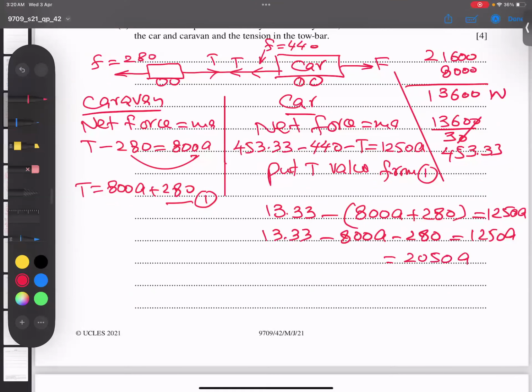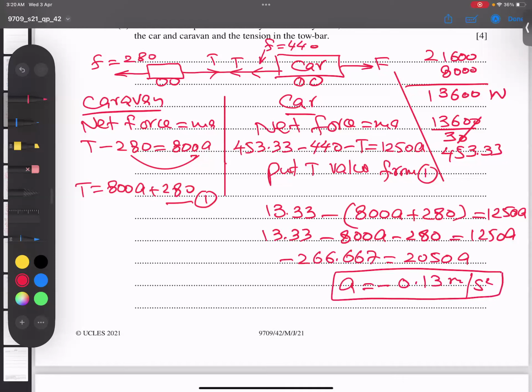If you add, it becomes 2050 acceleration. Now I'm typing 13.33 minus 280, and I get negative 266.667. If I divide this value by 2050, I get acceleration becoming negative 0.13 meters per second squared.